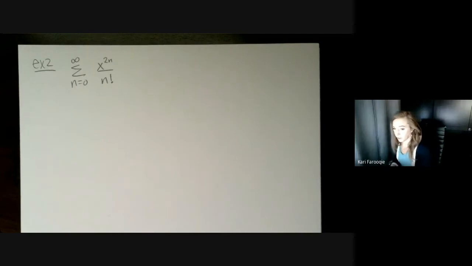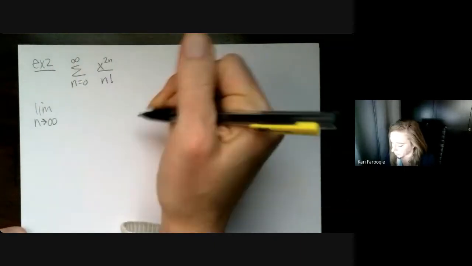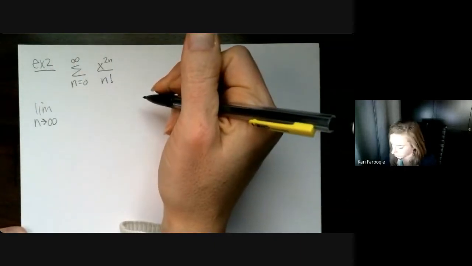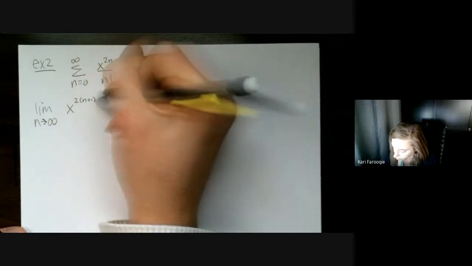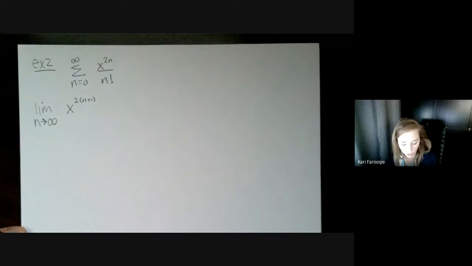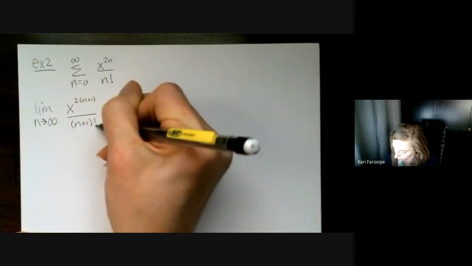All right, so I stated previously that next time I use the ratio test, I'm not going to show the ratio, I'm just going to invert and multiply. So we're always going to be using the ratio test when we're looking at power series. We're going to take the limit as n approaches infinity of x to the 2, and then make sure you put parentheses around your n plus 1, divided by n plus 1 factorial.